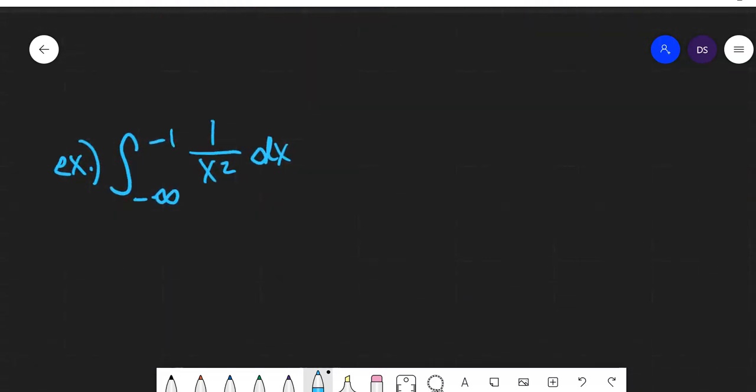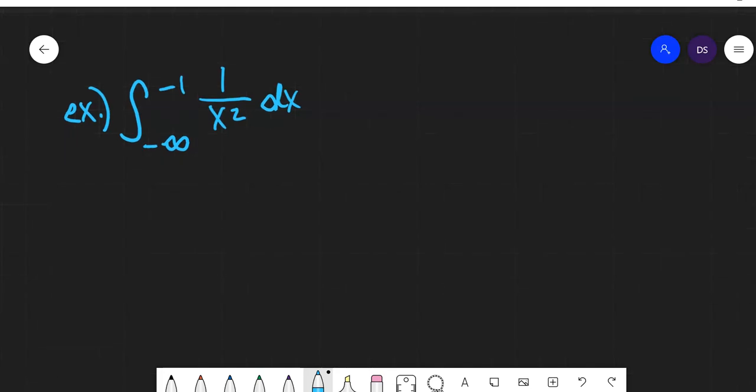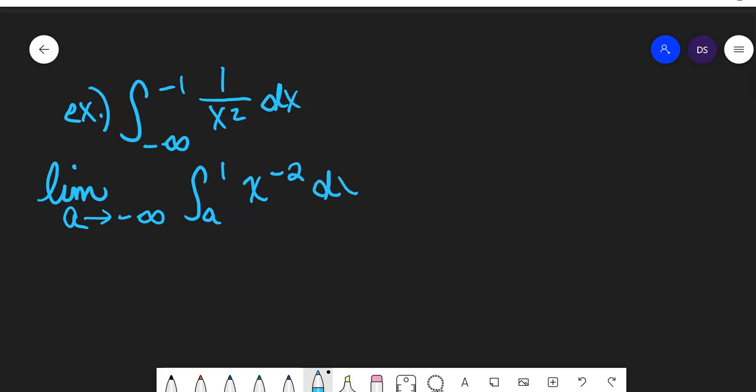Another example with the infinities is integrating from negative infinity to negative 1 of 1 over x squared dx. And again, we will replace our lower bound with some letter. I'll just use a again. You can use whatever you want. And I'm going to bring up the exponent to make it a negative so that I can integrate with my power rule.